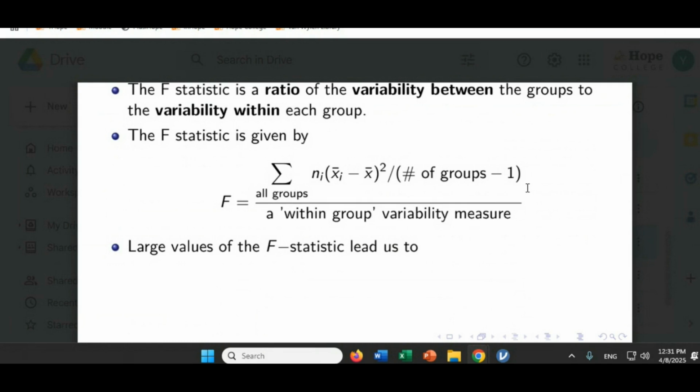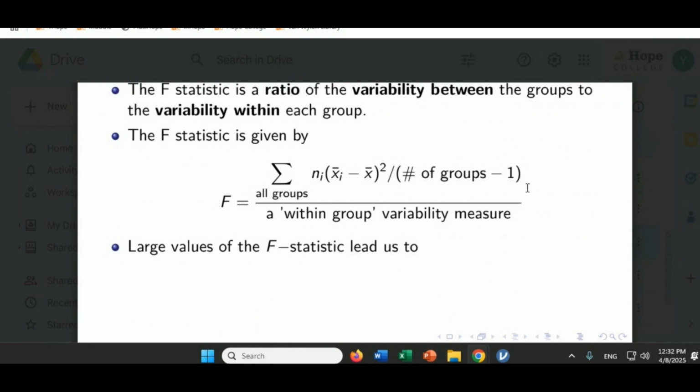If a group has a large size and has a mean that is very different from everyone else, will it make your F statistic go up? Will a large group with a very different mean make your F statistic go up? Yes. Therefore, if your F statistic value is big, should you reject the null?